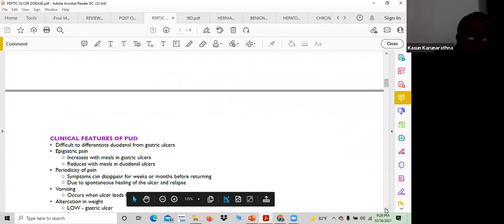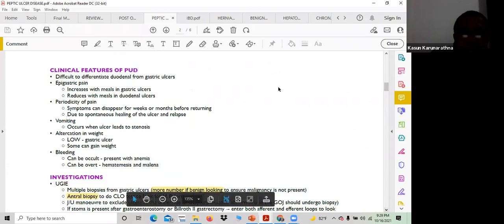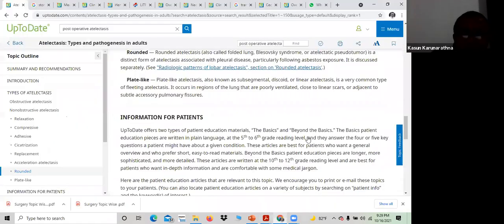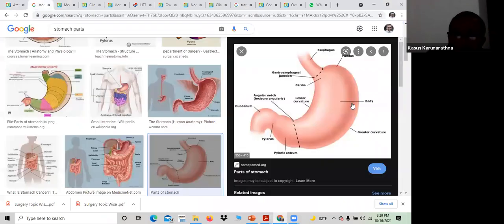That's that. If you can remember the anatomy, these are the parts of the stomach: cardia, fundus, then the body, pyloric antrum, and the pyloric canal, then comes the duodenum. So peptic ulcers occur in the duodenum and along the lesser curvature border, mainly in the pyloric antrum, right?